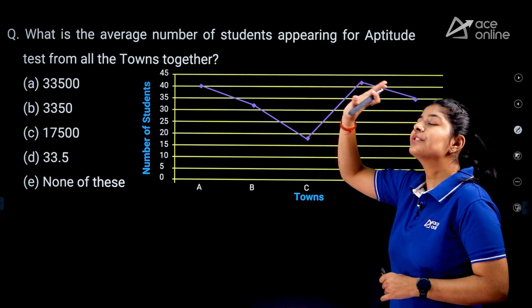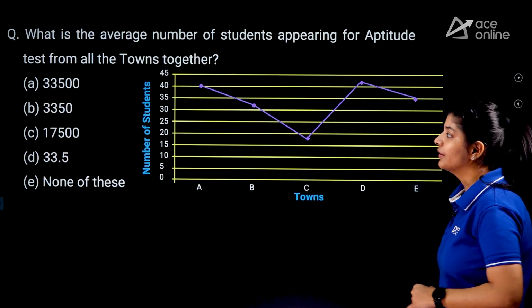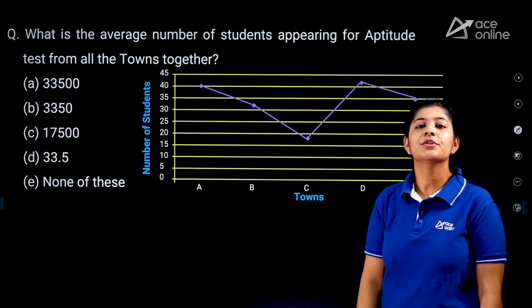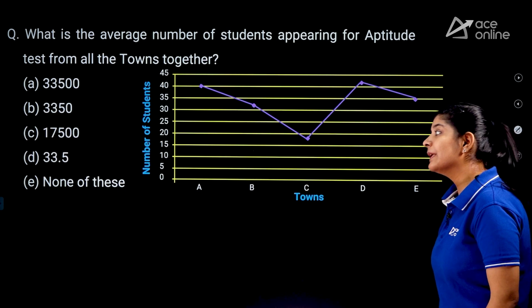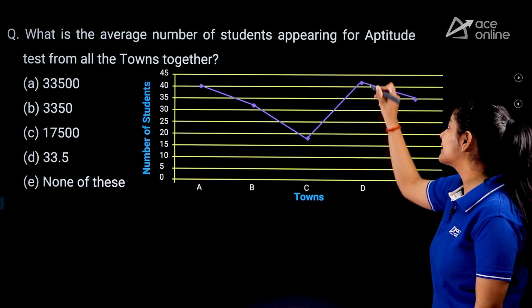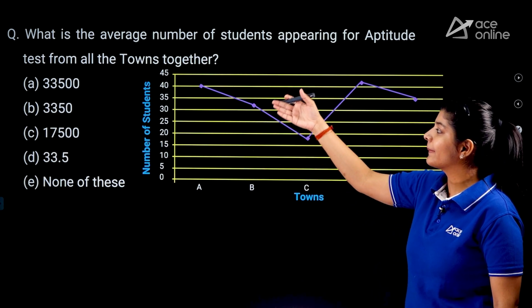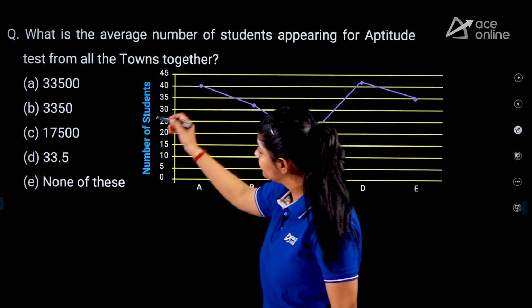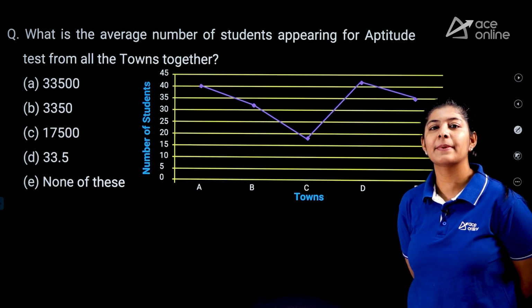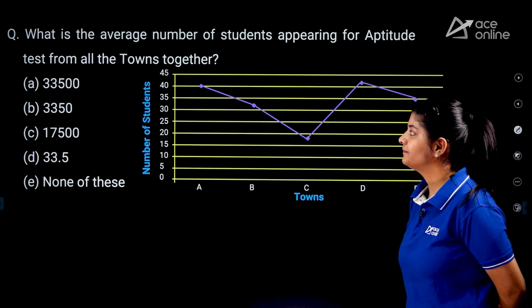All you need to do is find out the average. And please do remember that all these values are present in the thousands, the number of students are present in the thousands.